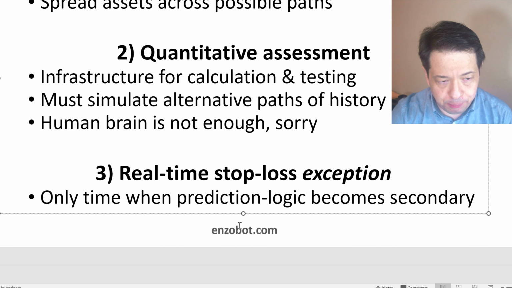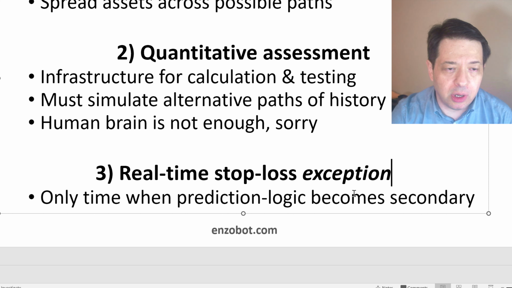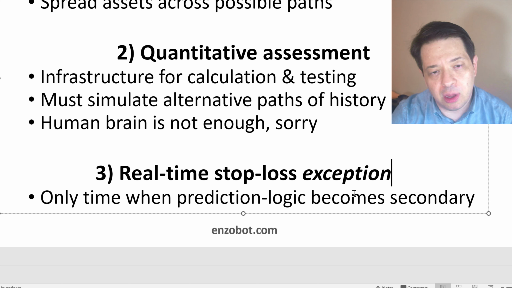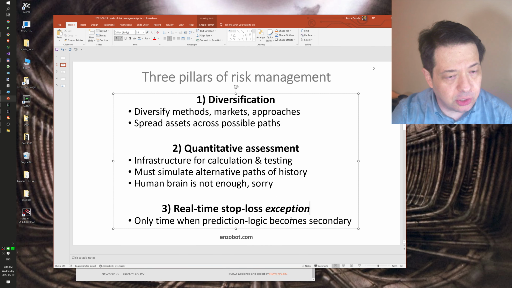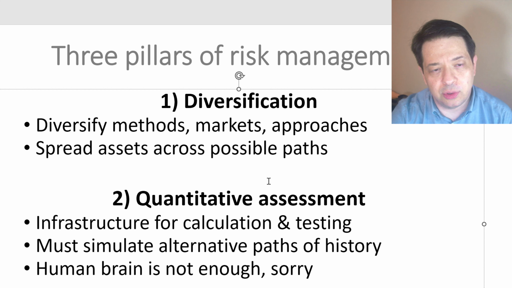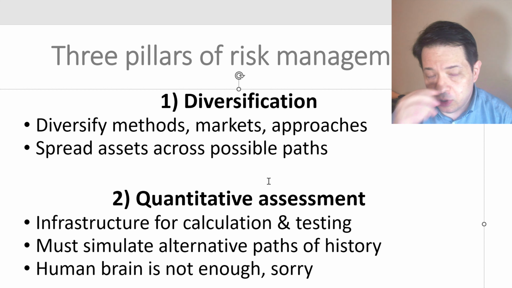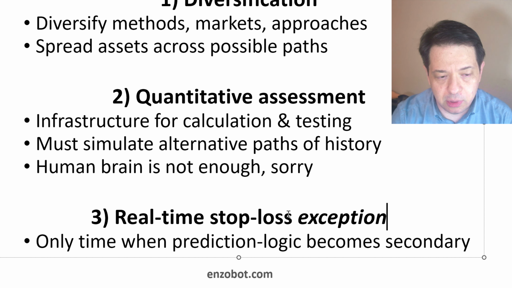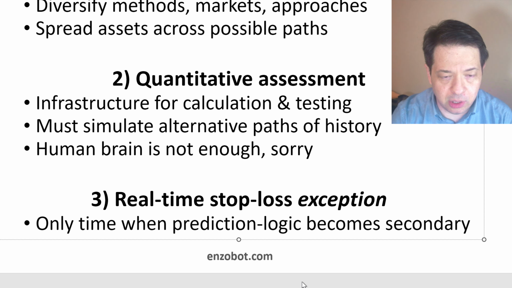And as I said, this is pretty much the only time where it's an exception in the logic of prediction, but I think it's necessary. And many don't use it. Many will feel that diversification is important: as long as I'm in 100 markets, then I don't need to look for a real-time solution that will get me out of the market.